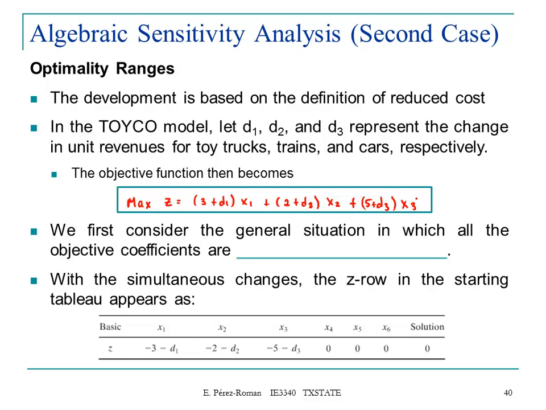We first consider the general situation in which all the objective coefficients are changed simultaneously. So we're going to change all of them at the same time. With the simultaneous changes, the zero row in the starting tableau appears as follows. So this is how your initial tableau will look.